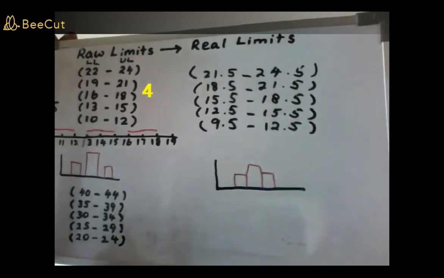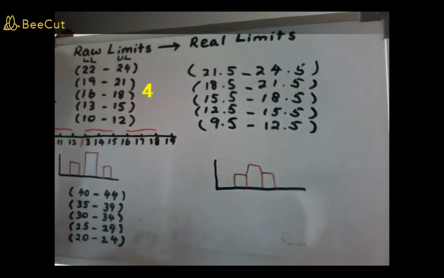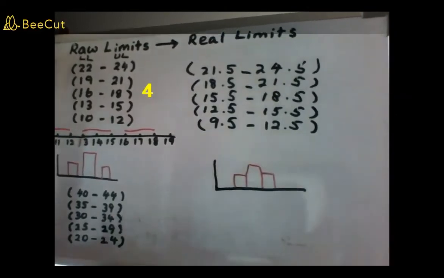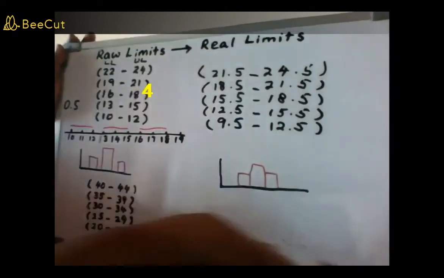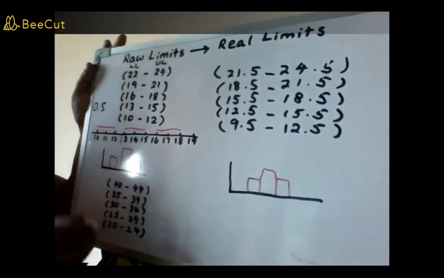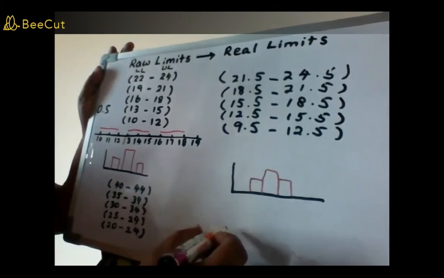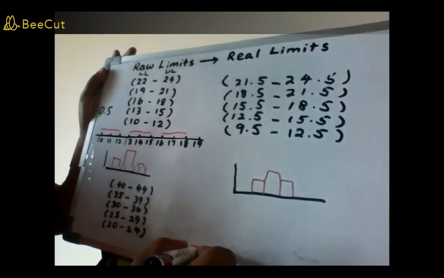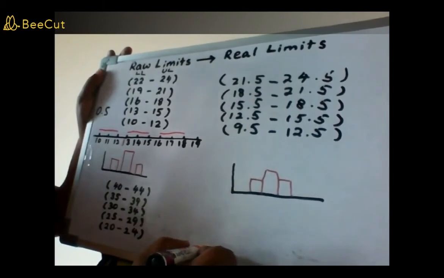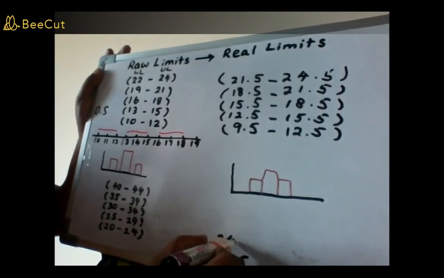Now we'll do one more example. When I do, you give the answers orally, right? Loud. First we'll do this part. 20 becomes 19.5. 25 becomes 24.5.